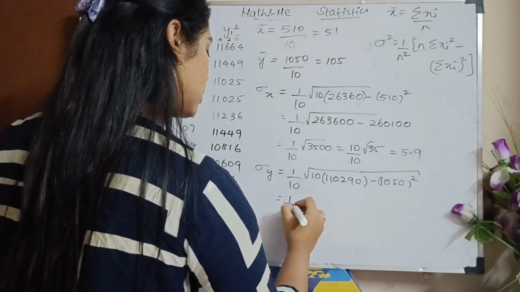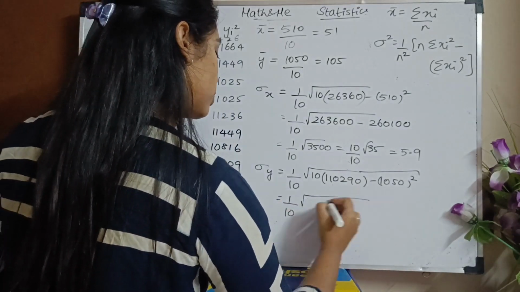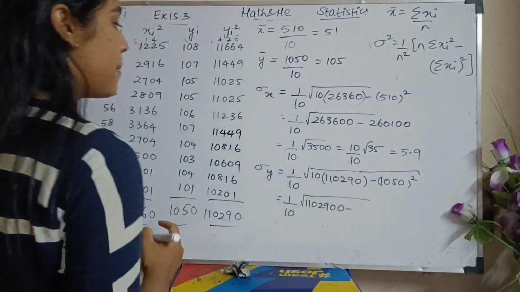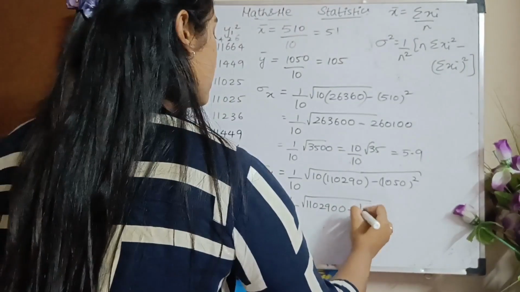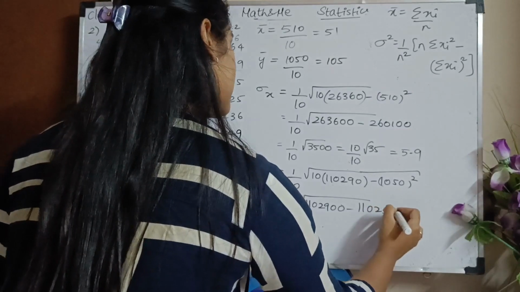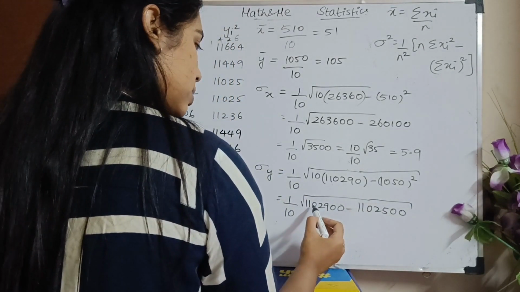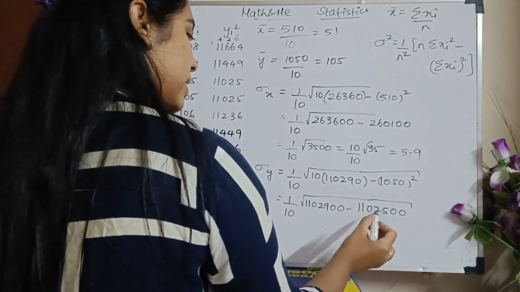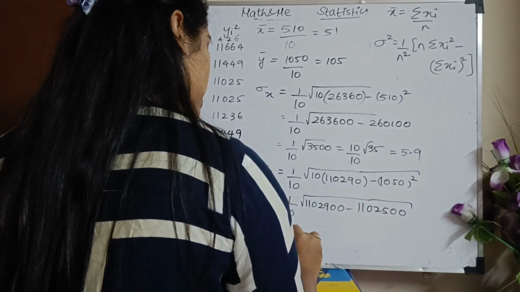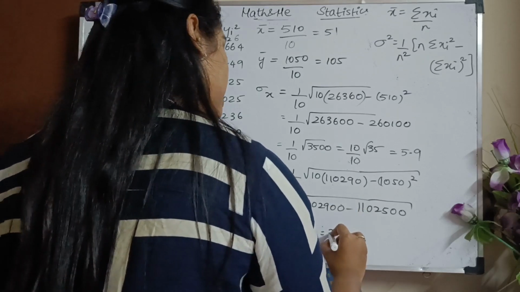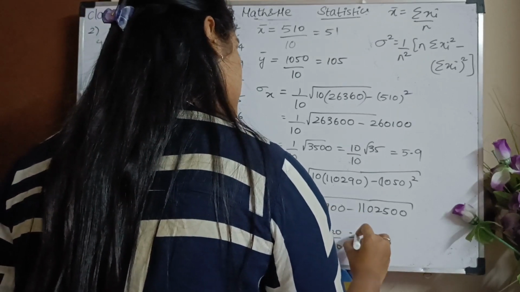So this will be 1 by 10 square root of 110290. Don't miss the 0. Minus 105 it will be 1102500. Okay, so when I subtract this, what will I have? 11029 here 25, so it will be 400. So it will be 1 divided by 10 square root of 400, which is 20. Thank you for the small number. So this will be 2.